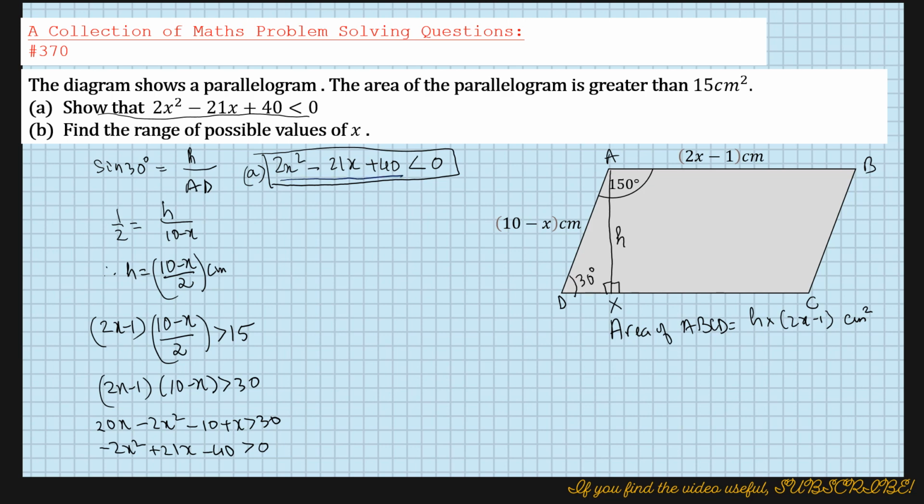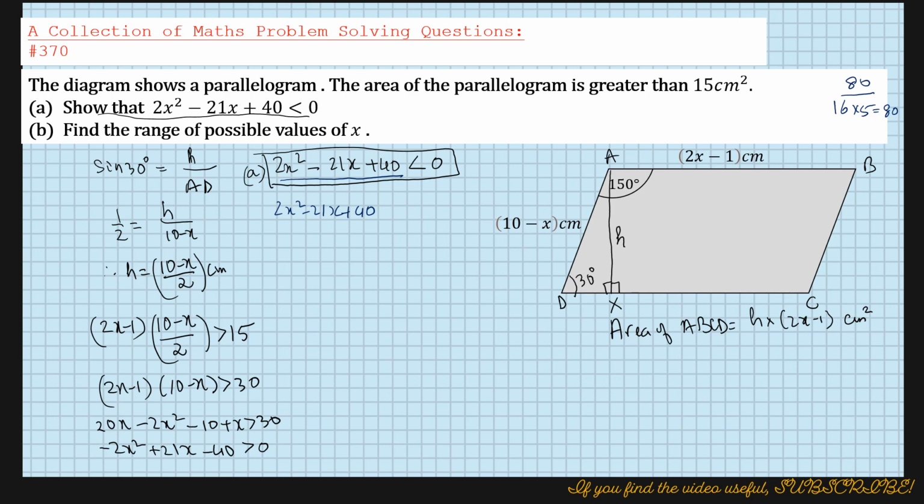So this one, 2x squared minus 21x plus 40, this can be written as 40 times 2 is 80, and 16 times 5 is 80, and 16 plus 5 is 21.